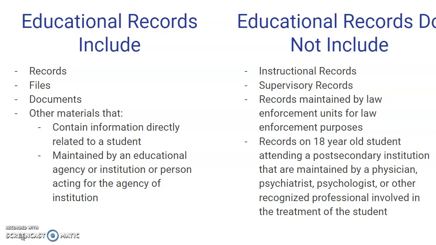The educational records do not include instructional records, supervisory records, records maintained by law enforcement units for law enforcement purposes, or records on 18-year-old students attending a post-secondary institution that are maintained by a physician, psychiatrist, psychologist, or other recognized professional involved in the treatment of the student.